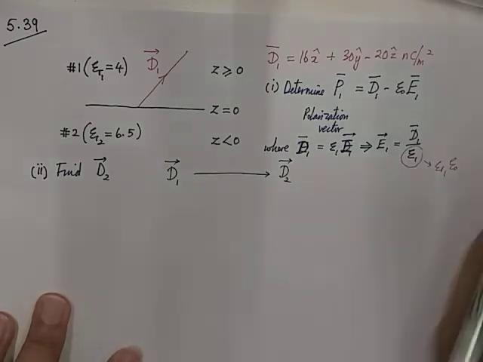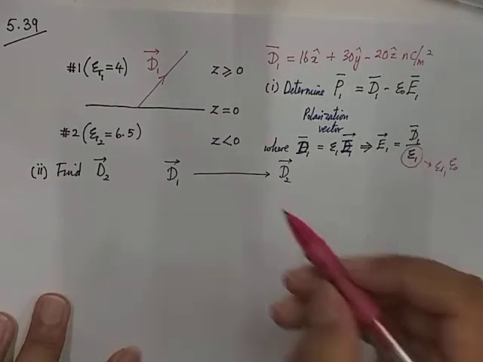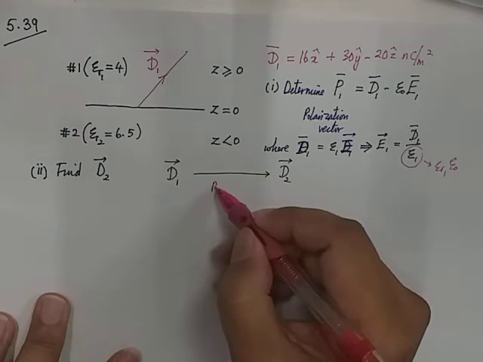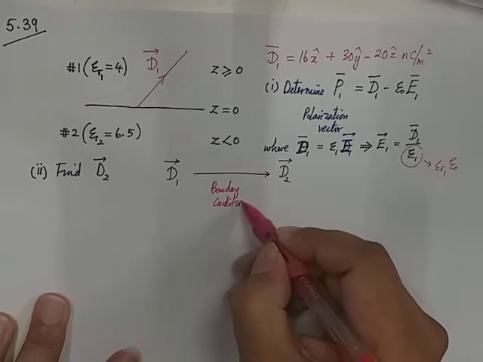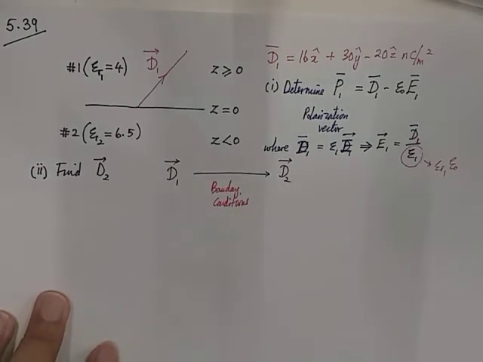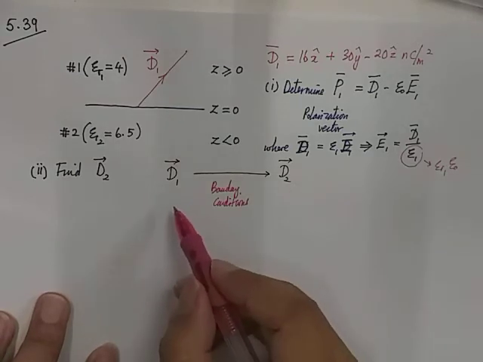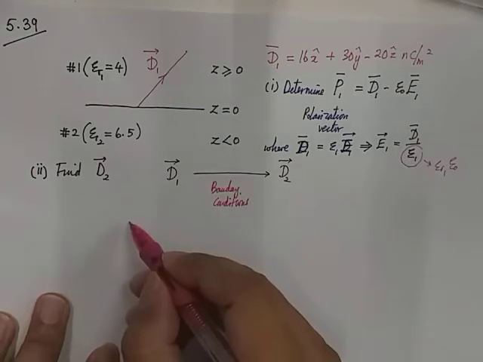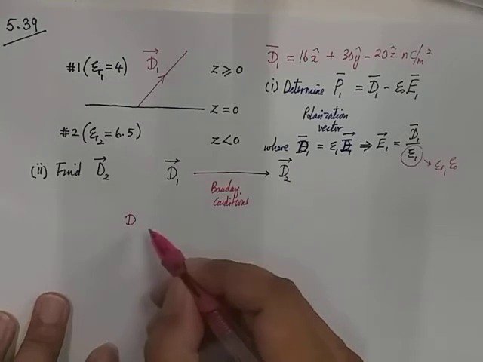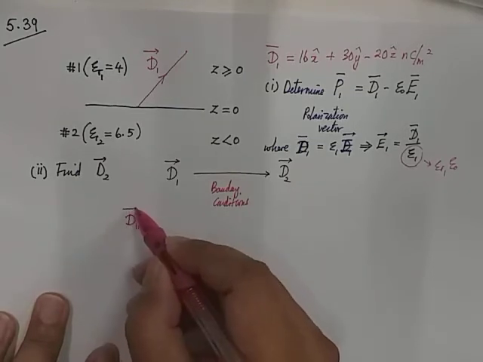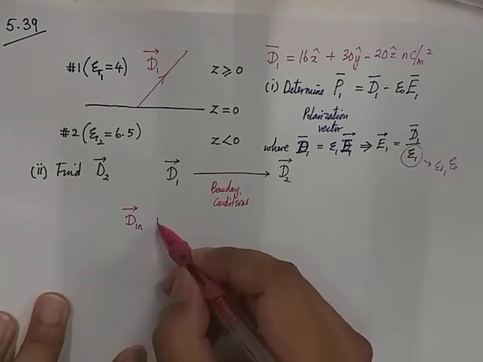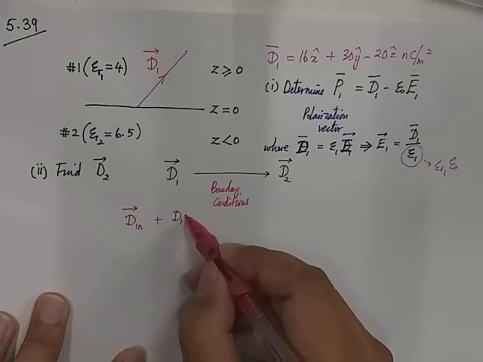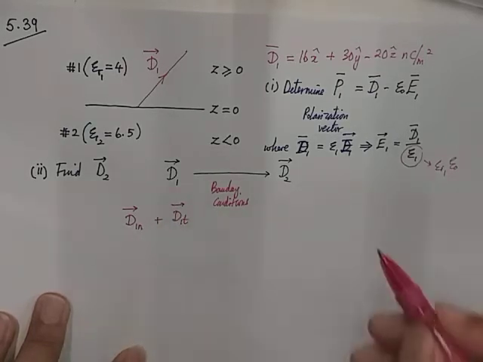In order to achieve this objective, we need to use what is known as boundary conditions. Remember, when we talk about D1, it can be split into two components: D1n, the normal component of D1, plus D1t, the tangential component.